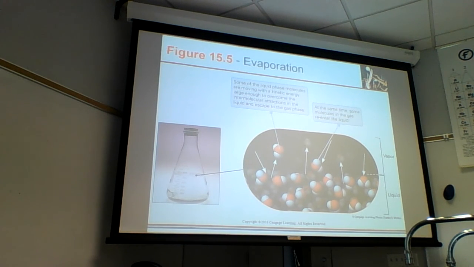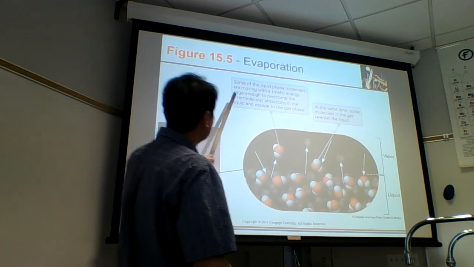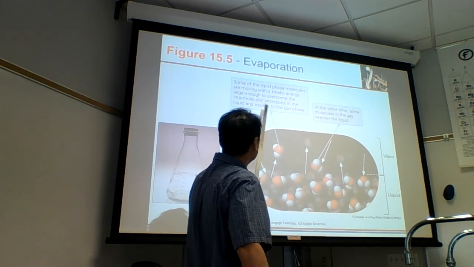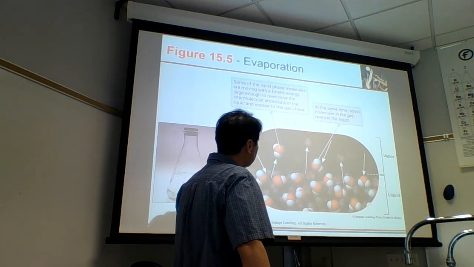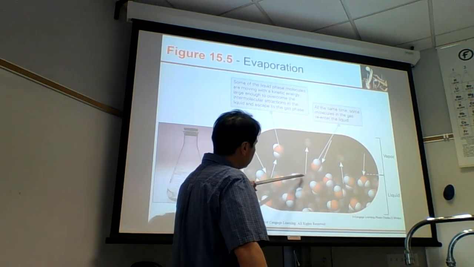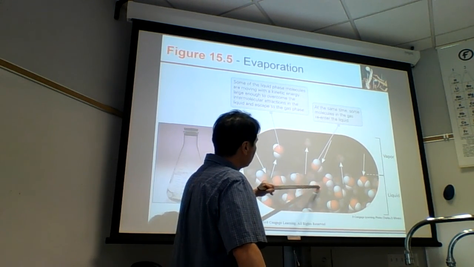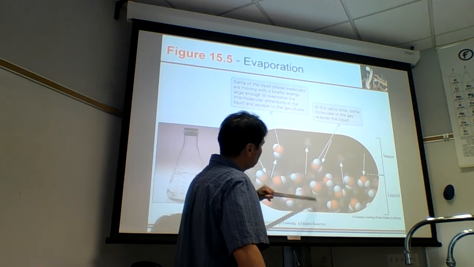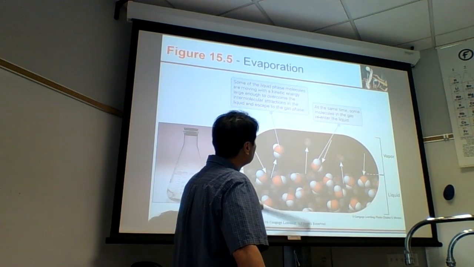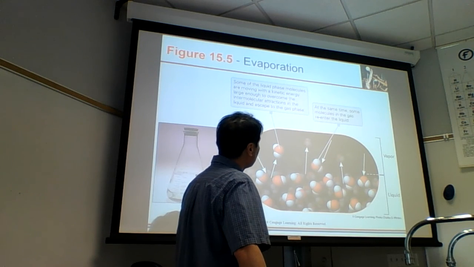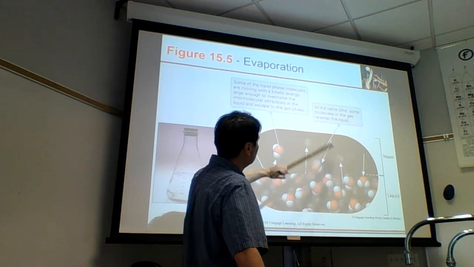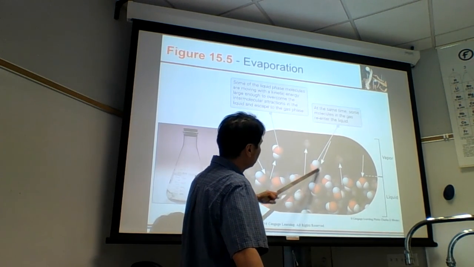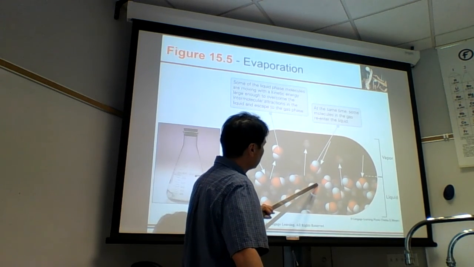So let's see what it says here. Some of the liquid phase molecules are moving with a kinetic energy large enough to overcome the intermolecular attractions in the liquid and escape to the gas phase. And so just at 25 degrees C, some of these water molecules have enough energy to break free. Most of them don't. Most of them are stuck. At the same time, some molecules in the gas phase re-enter the liquid. That is, they go here and they get stuck.